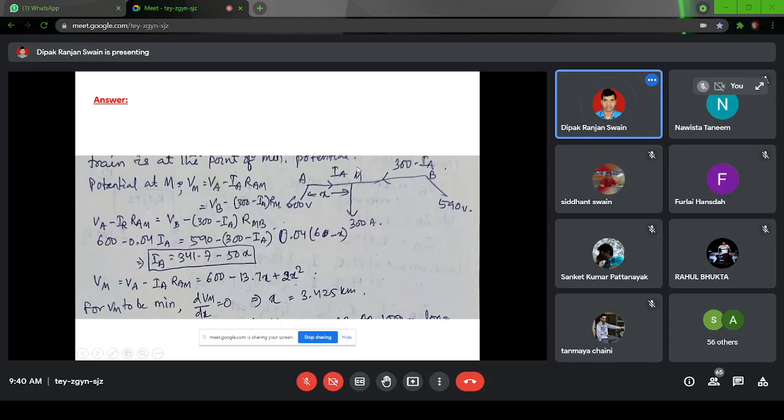The same potential, if I calculate from the other side, point B, will be Vb minus the drop in BM. The current is 300 minus Ia, and the resistance is calculated for the distance BM. Total is 6 kilometer, this is x kilometer, so BM will be 6 minus x kilometer.